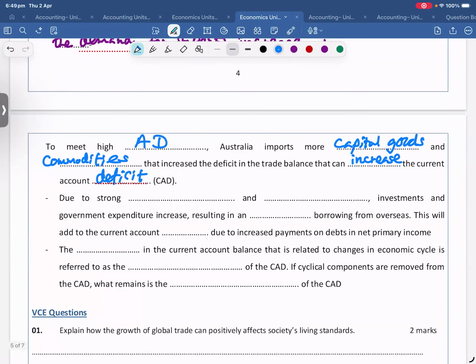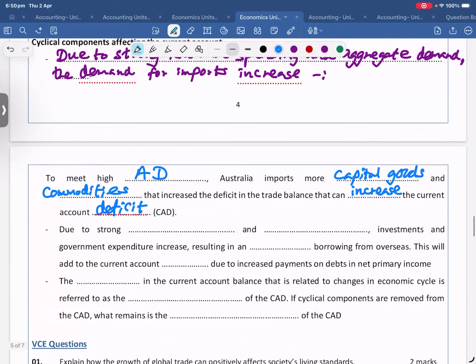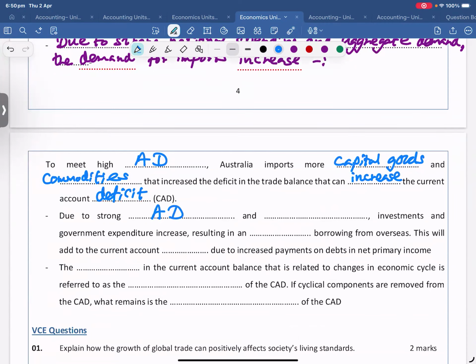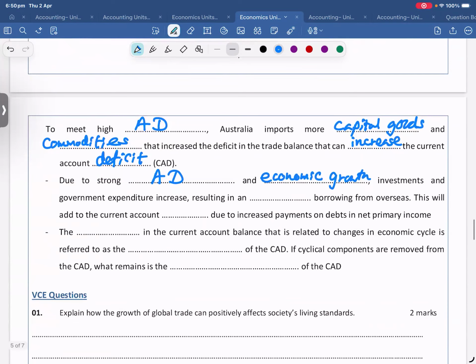Next one, due to strong aggregate demand and economic growth, investments and government expenditure increase, resulting in increased borrowing from overseas.